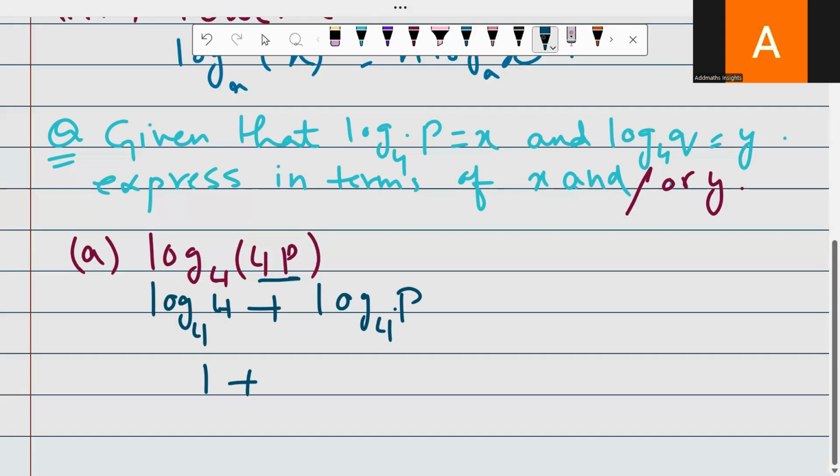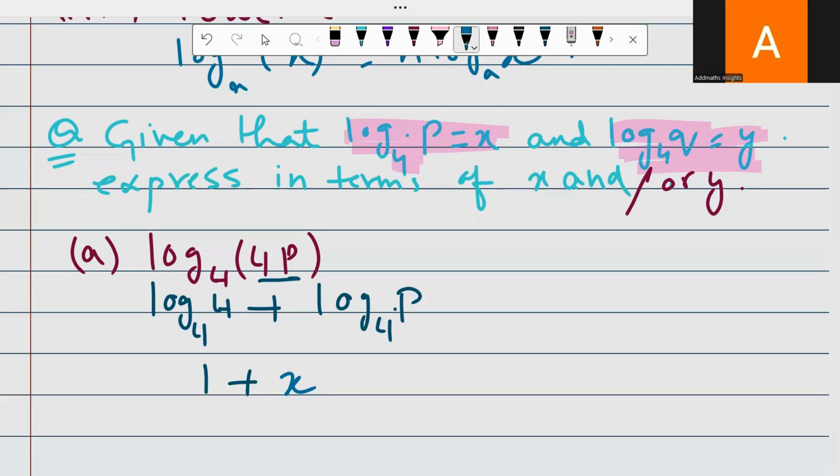It is given that log 4 p equals x, so 1 plus x. This is how you give your answer in terms of x.